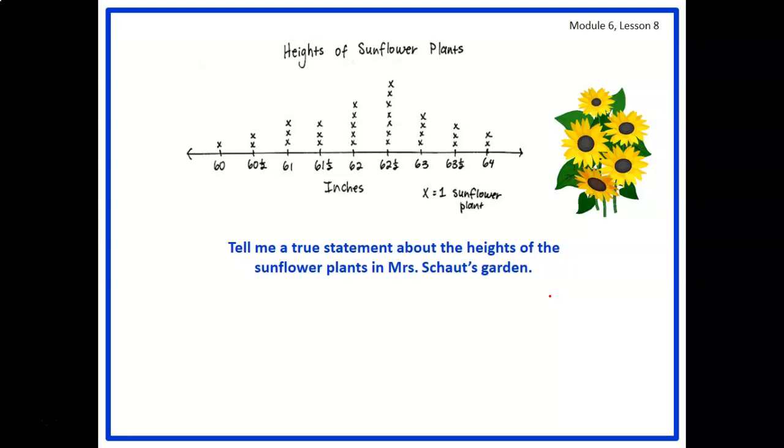And I could also say there were the most, or the greatest amount, of flowers at 62 and a half inches. I could also say that 61, 61 and a half, and 63 and a half have an equal amount of flowers at that height.